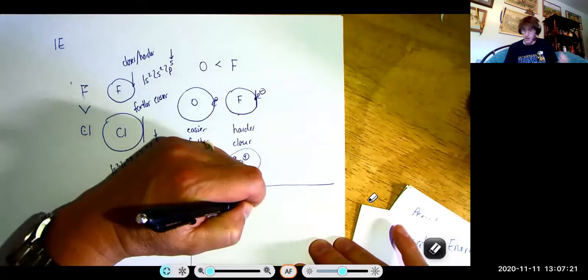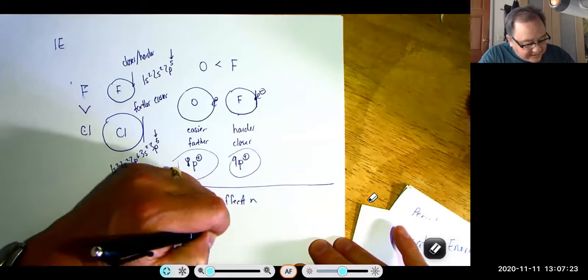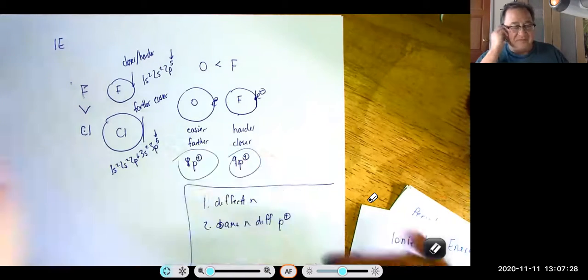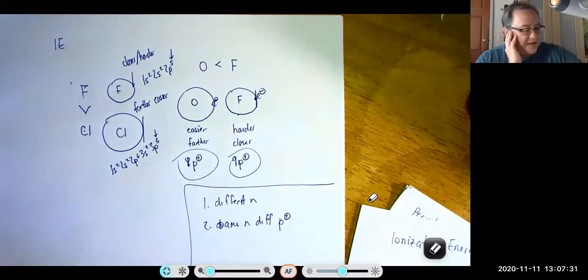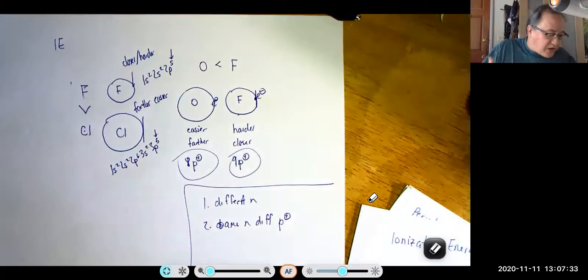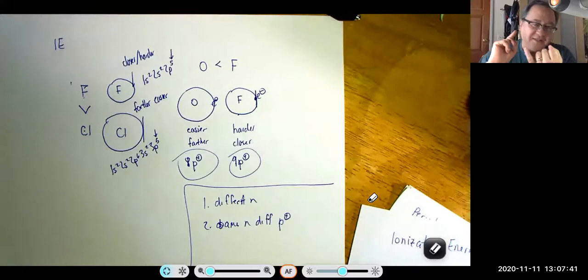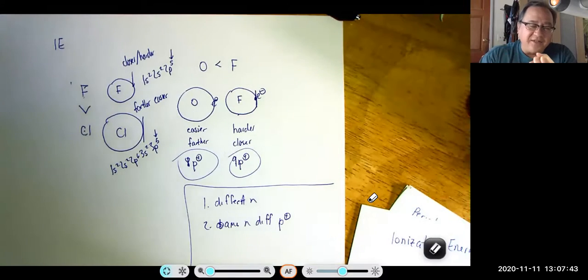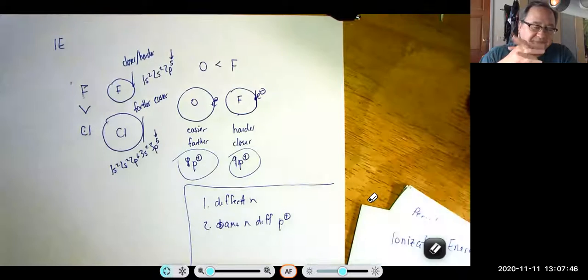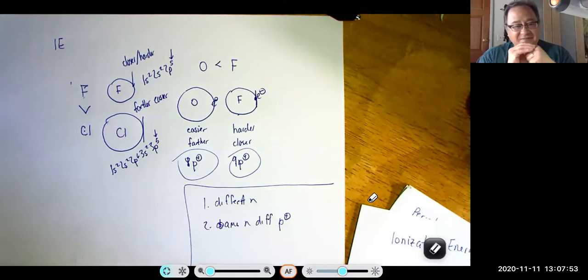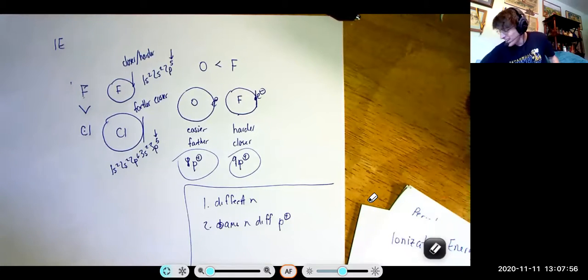Reason two, same n, but different proton number. So the two most common reasons for atom size, ion size, and ionization energy are the same: different n or different number of protons. Oh, that makes it easier, just figuring it out. Yeah. That's what it boils down to.